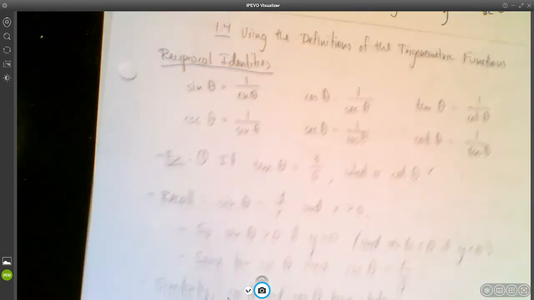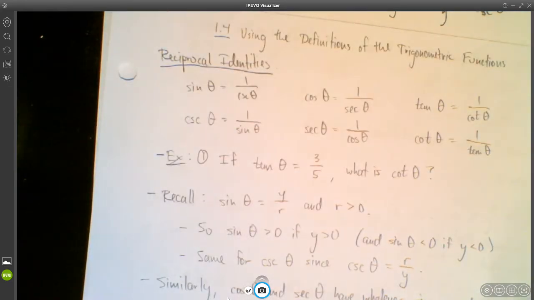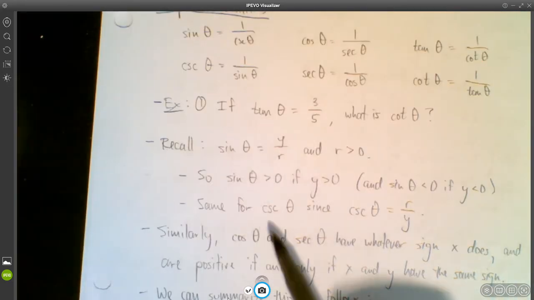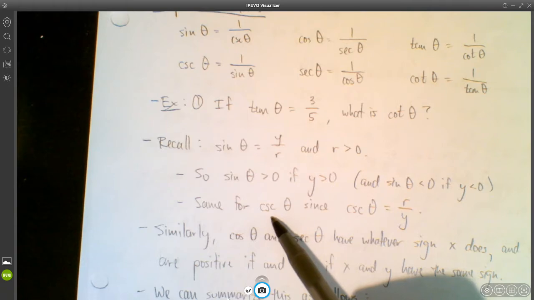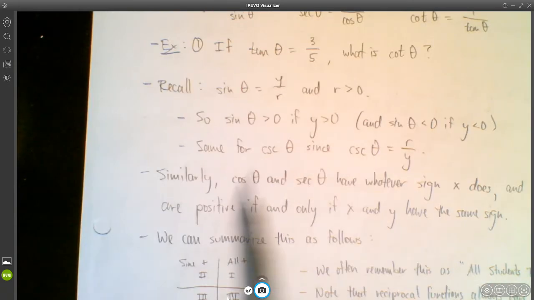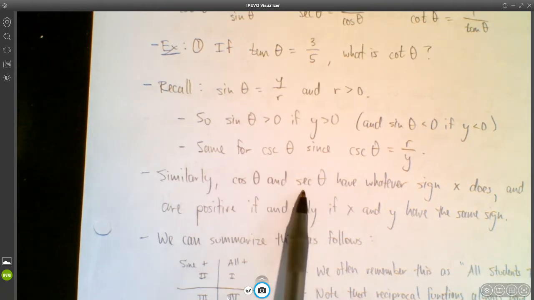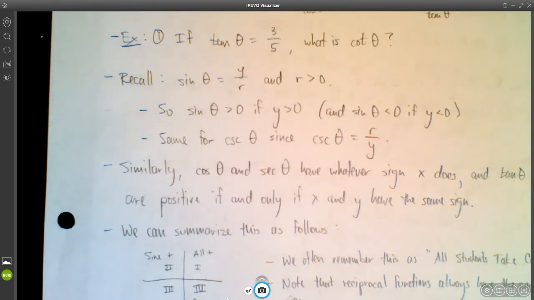Okay, we can go through a similar line of reasoning for the other trig functions. Obviously, cosecant has the same signs as sine does, right? It's positive in quadrants 1 and 2, negative in quadrants 3 and 4. Cosine and secant, on the other hand, are a little different, right? They depend on x.